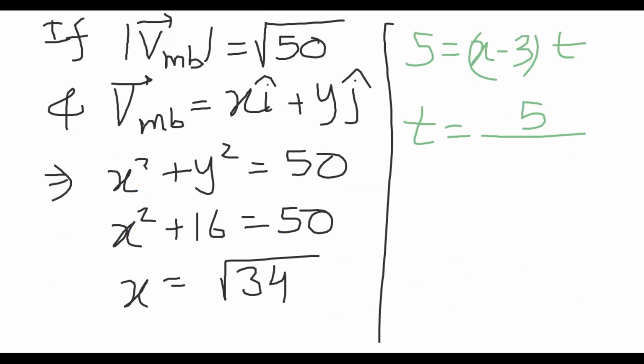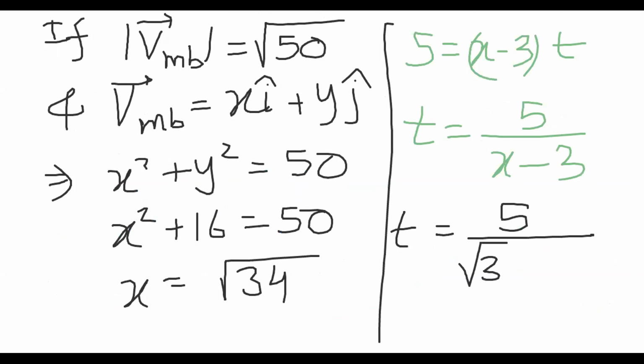So t must be equal to 5 upon root 34 minus 3, which is around, can you use your calculators and tell me roughly how much? Root 34 will be 5 point something minus 3, 2 point something, 5 divided by 2 point something. This is 1.78.